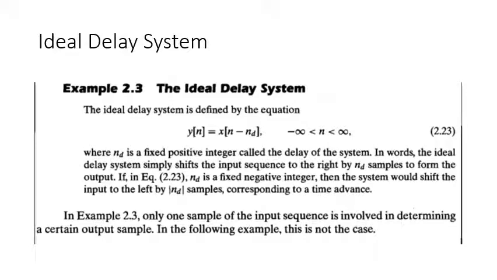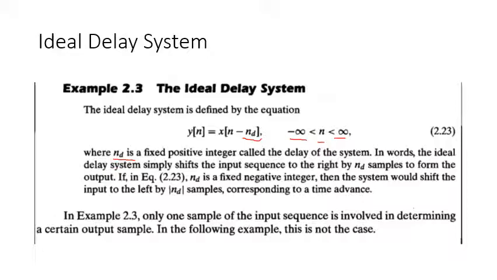So in this slide we are provided with the ideal delay system. So in the ideal delay system we have x of n minus nd, where n can have values from minus infinity to infinity, and nd is a fixed positive integer called the delay of the system. As I've told you previously, the ideal delay system simply shifts the input.